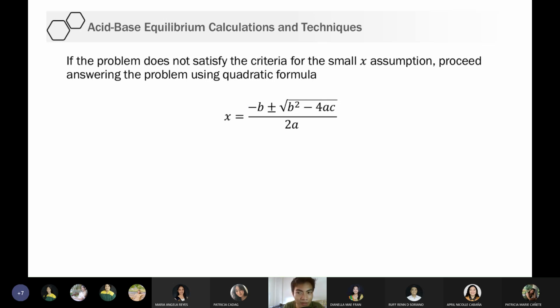So that is the first thing you do: when you see an equilibrium problem, you check if the small x approximation can be used.